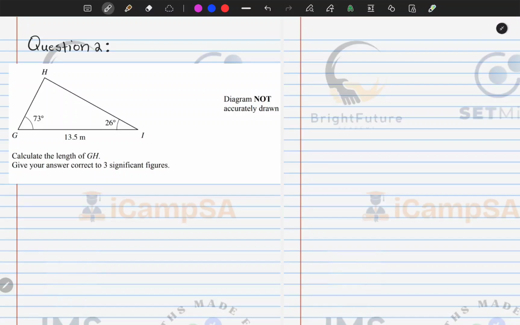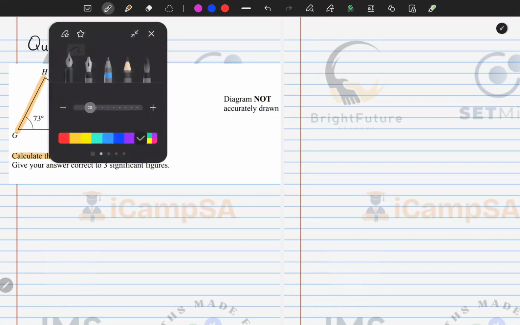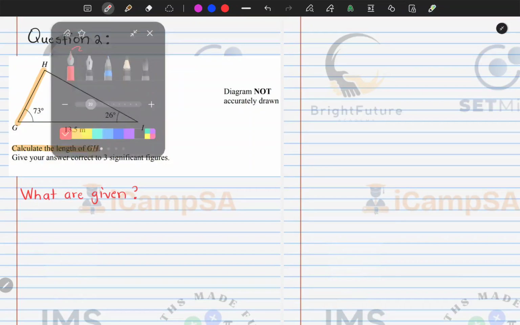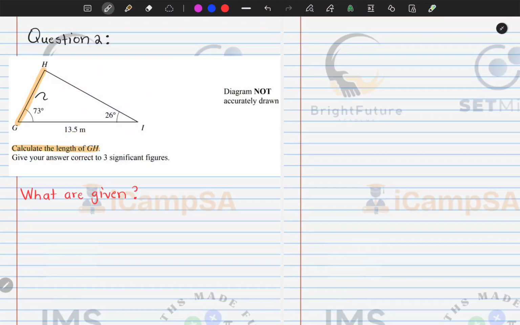Okay, let's have a look at question 2, which requires us to calculate the length of GH. So GH is this orange side. The question we need to ask ourselves is, can we use our sine rule here? The question I usually ask is, what are we given? If you observe carefully, you will see that we're given an angle and one side.